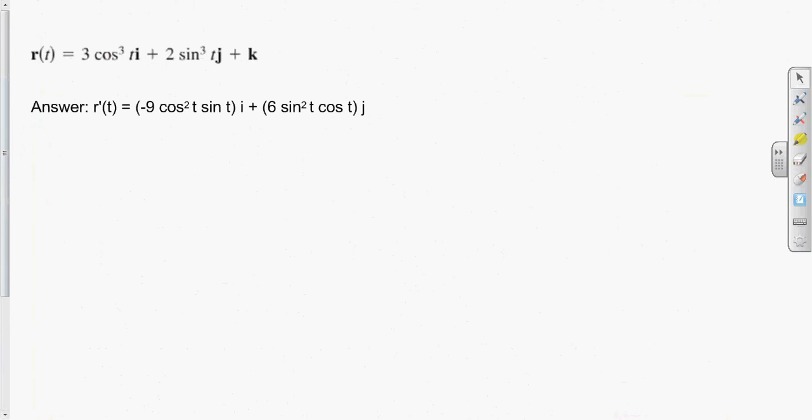Did you get that? Negative 9 cosine squared t sine t i plus 6 sine squared t cosine t j. Okay? Brother Lewis, did you get that, man? Good, good. All right.